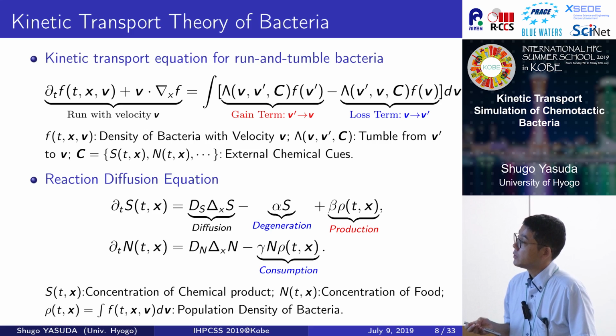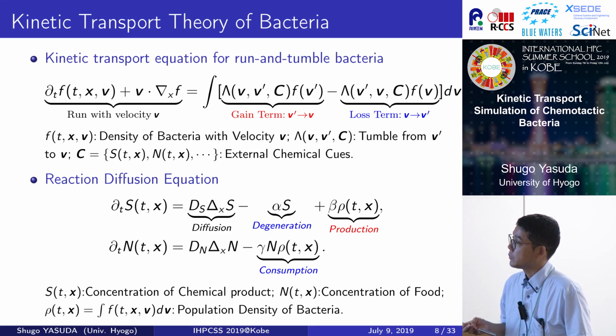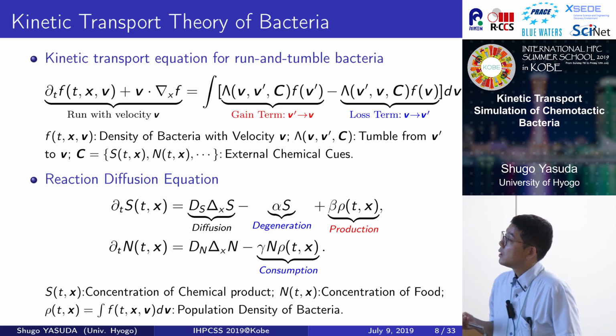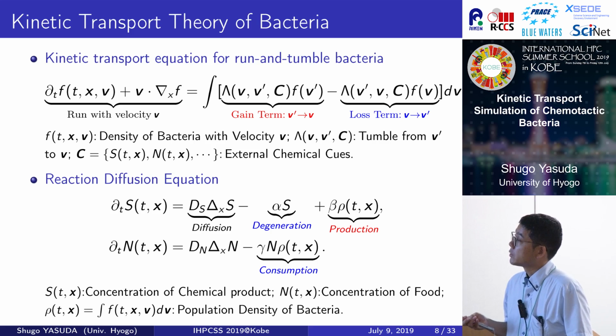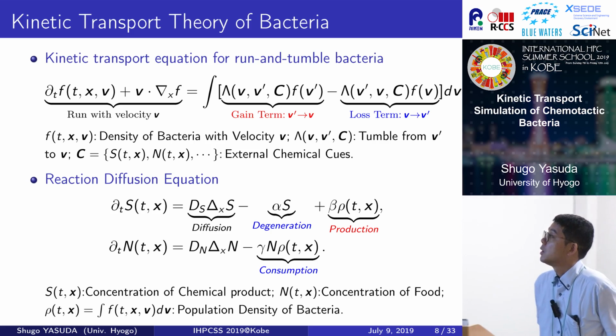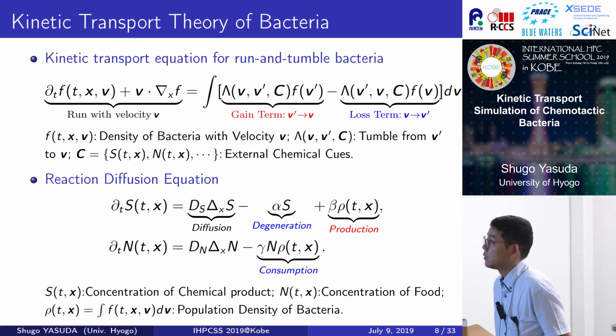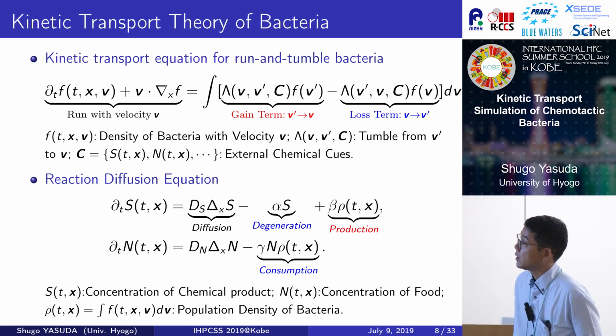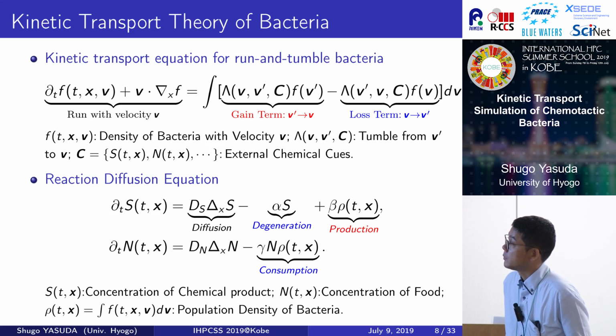The first term on the right-hand side is called the gain term, because this term describes the change of bacteria velocity from v prime to v. And the second term is called the loss term, because this describes the change of velocity from v to any other arbitrary velocity v prime.